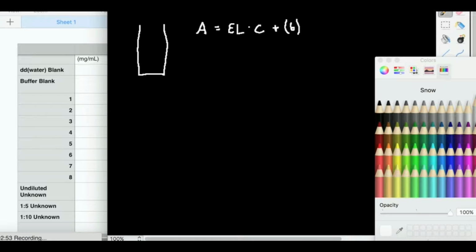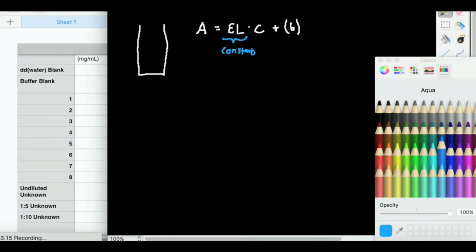Now this epsilon times L, and we went over this in another video, this right here is the slope of the line. Because when you multiply these two numbers together, they're not functions, they're just numbers. So when you multiply these, this is a constant.